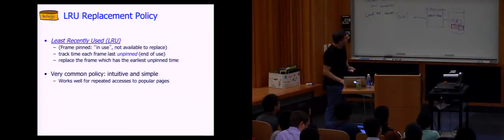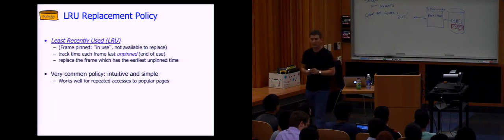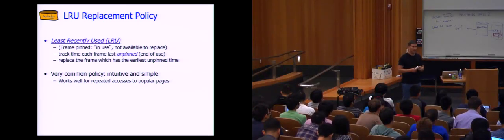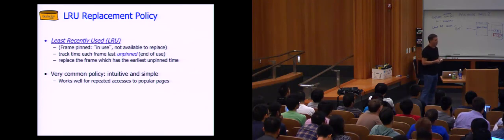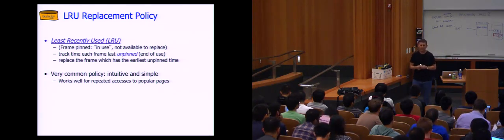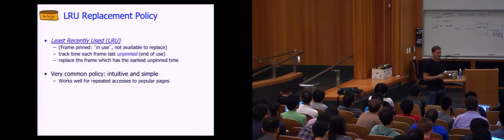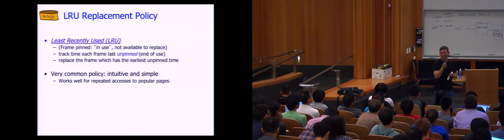Okay? It's a very common policy. It's intuitive. It's simple. What's the intuition? The intuition is if you haven't asked for it in a while, then you probably don't care anymore. It's just okay intuition, I guess. It works well for hot-cold workloads. So if you have a skewed distribution of popularity, the popular pages will get accessed pretty often, so they'll stay hot, so they'll stay in memory.